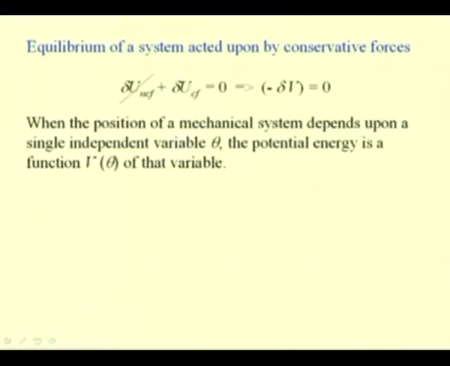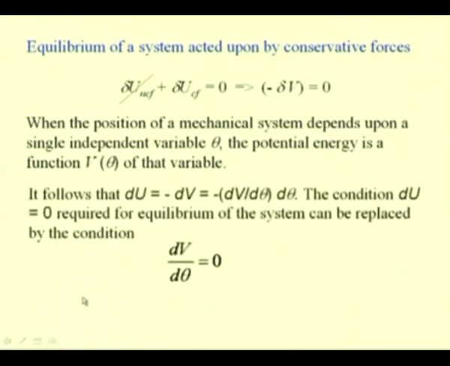So, we state that when the position of the mechanical system depends upon a single degree of freedom, a single independent variable theta, then the potential energy is in terms of that variable theta.